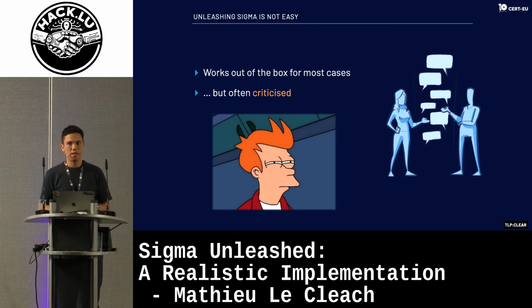And while the concept of Sigma is really nice, it's often criticized where people say, okay, Sigma is nice, but I cannot put it on my SIEM because my SIEM has a lot of sources. The logs have a lot of constraints where the converted Sigma rule doesn't fit and doesn't match the logs. But things have changed thanks to pySigma, and it's now possible to deploy Sigma for a threat detection service.